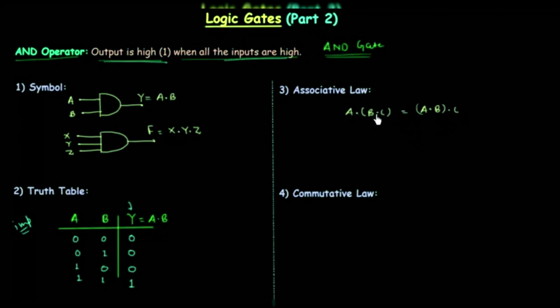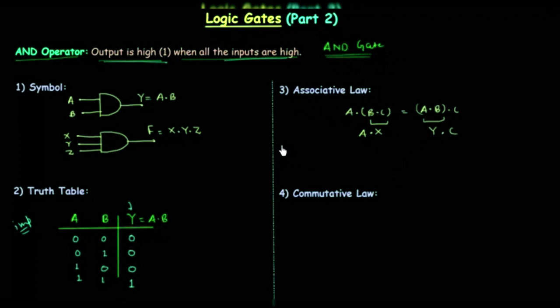On the left hand side we will perform the AND operation for B and C first, and let's say the result is X. Then we will perform the AND operation for A and X. On the right hand side we will perform the AND operation for A and B. This will give us Y, let's say, and then we will perform the AND operation for Y and C. And if we get equal results, we can say that the AND gate follows the associative law.